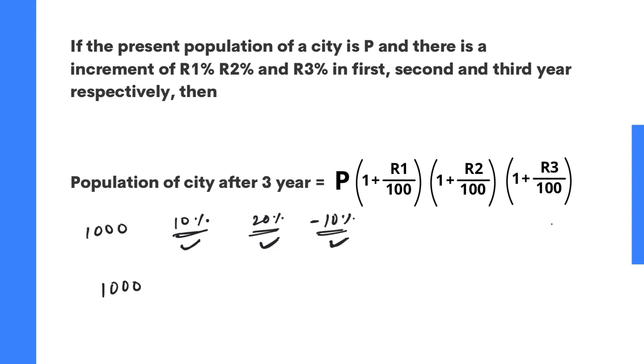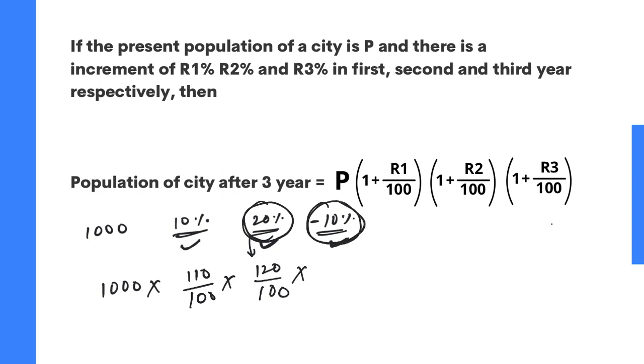This is my population into, first it is increasing 10%, so I can directly say 100 plus 10, so this is 110 divided by 100, into 100 plus 20. Why? Because it is also increasing. So 100 plus 20, 120 by 100. Now this is decreasing. So what will I do? I will do 100 minus 10. So 100 minus 10 is 90 divided by 100.